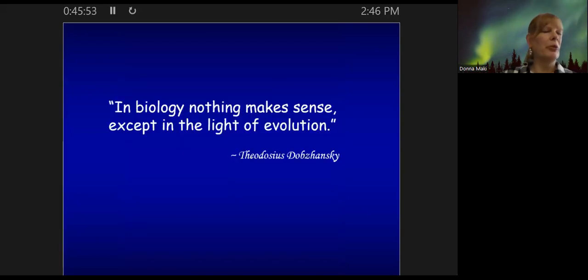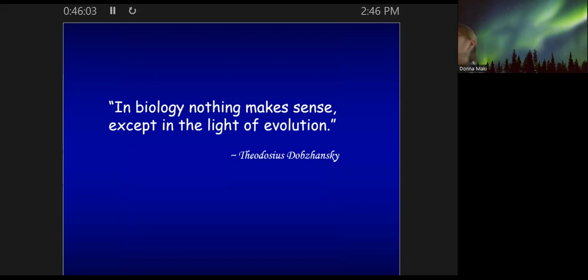So I often think about this quote: in biology, nothing makes sense except in the light of evolution. So as you are thinking about what's going on with microbes in this class, I ask you to keep this in mind. So, for example, when we get into the physiology section, it's like, why would they do this versus doing that? Well, let's think about this idea. Where is the microbe located?